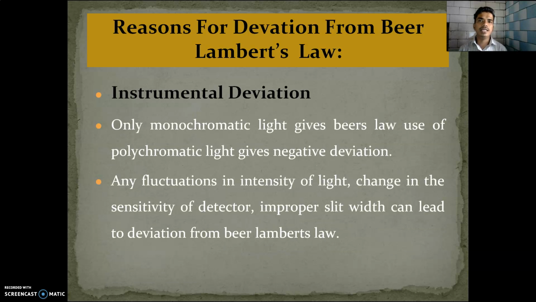Then next is the instrumental deviation, also called technical deviation. Only monochromatic light gives Beer's law. Use of polychromatic light gives negative deviation. Any fluctuation in intensity of light, changes in the sensitivity of the detector and improper slit width can lead to deviation from Beer's law.